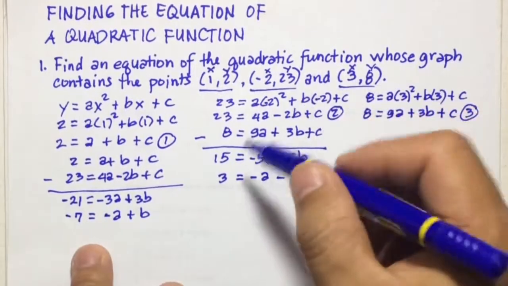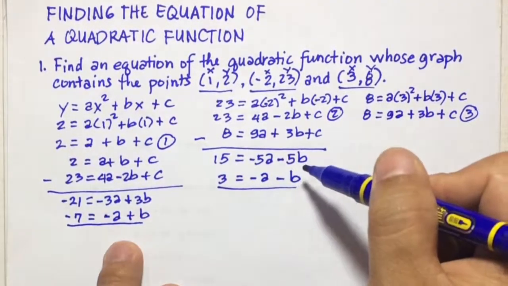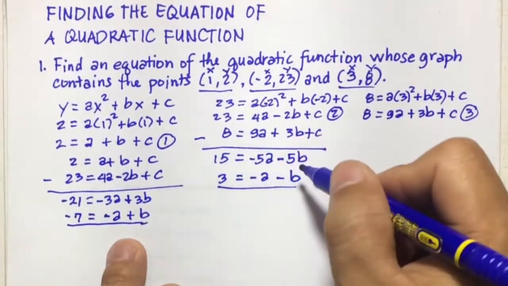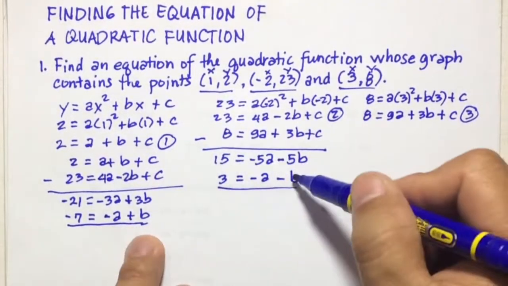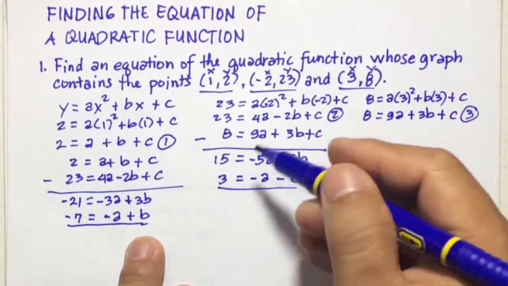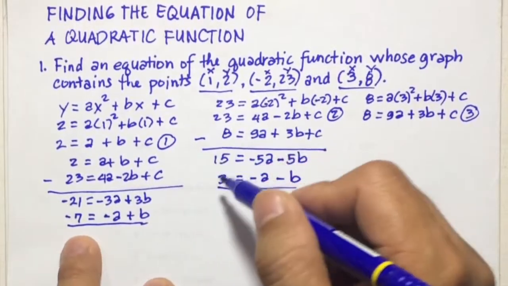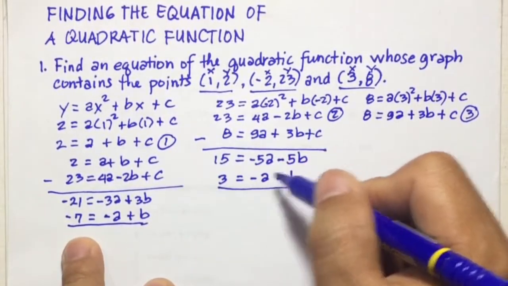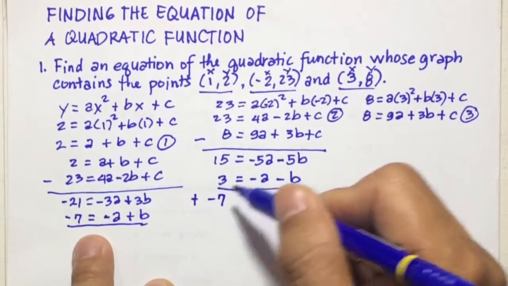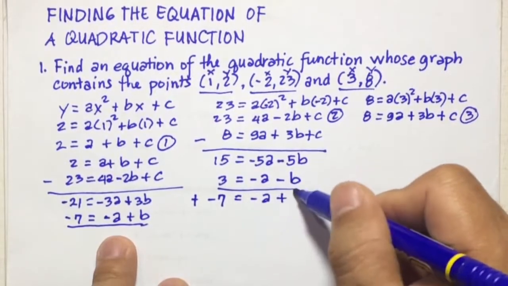Now, if we add these two equations, we can eliminate a variable. Negative b plus b is eliminated, so we can find the value of a. Adding, we have 3 plus negative 7 equals negative a minus b plus negative a plus b.